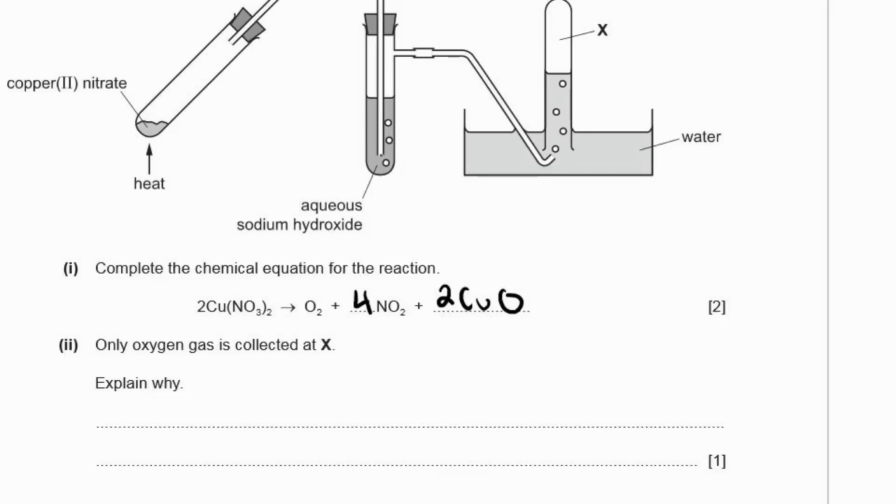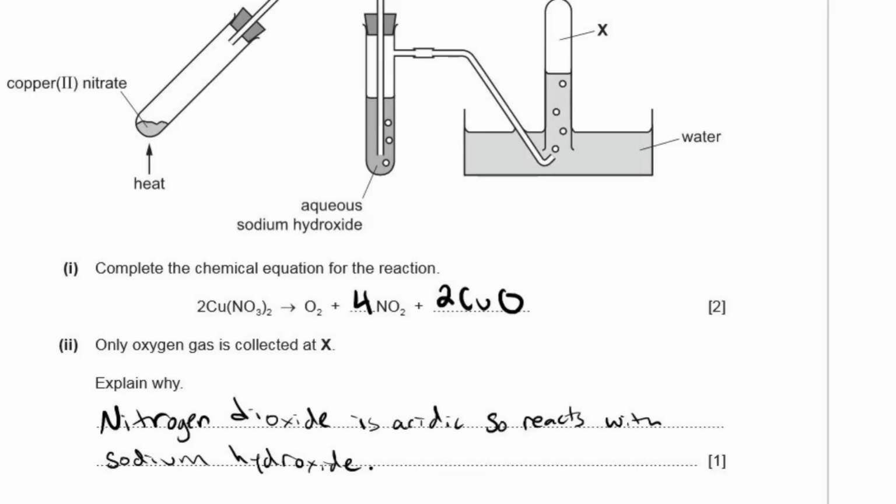And acidic gas bubbled through aqueous sodium hydroxide, which is an alkali, reacts, and that becomes a neutralization reaction. And the only one that doesn't react is oxygen. So the oxygen is what's collected. Because nitrogen dioxide reacts with sodium hydroxide, it's not there to collect at X.